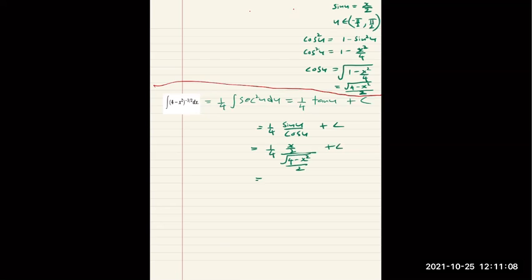If you simplify this, of course, you get 1/4 times x divided by square root of 4 minus x squared plus c. That's what you get if you simplify that.